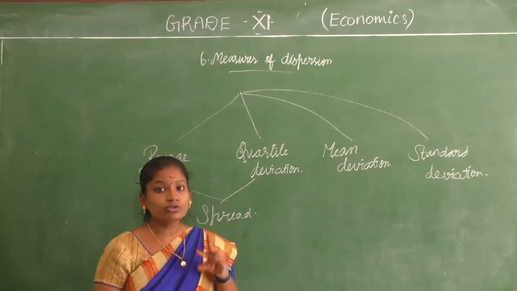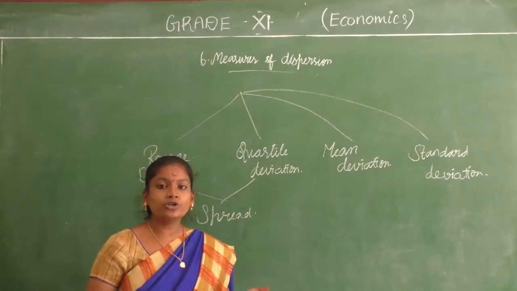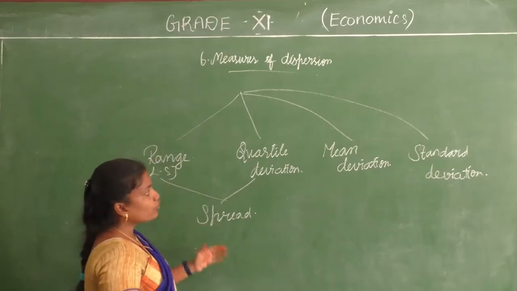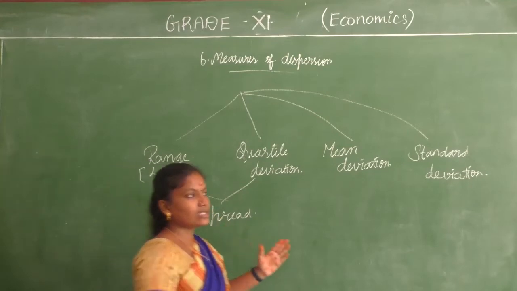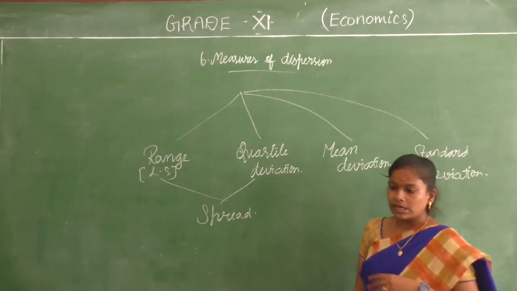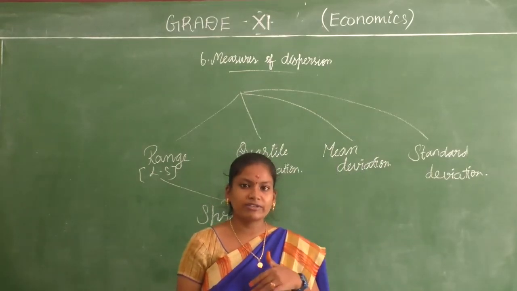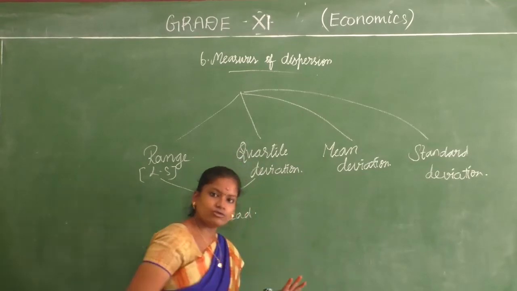Median divides into 2 equal parts, whereas quartiles divide it into 4 equal parts. So we have Q1, Q2, Q3. Q1 is 0 to 25, Q2 25 to 50, Q3 50 to 75, and the last 75 to 100.